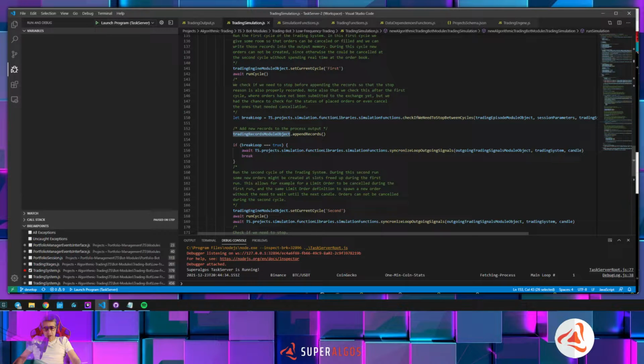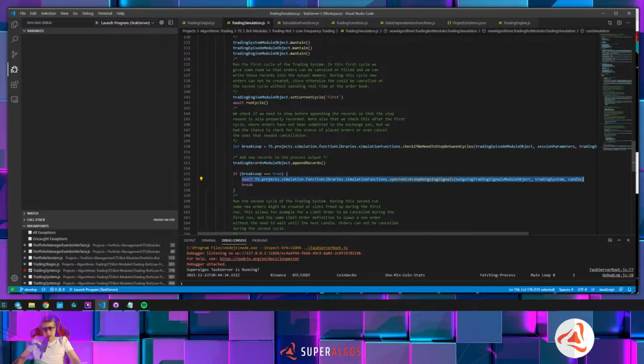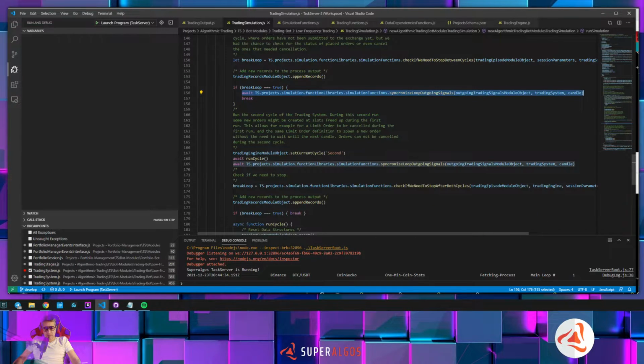If we do need to break the loop, we are going to break it here. But first, we are going to synchronize with outgoing signals, meaning that we are going to send a signal that we are finishing the current candle.